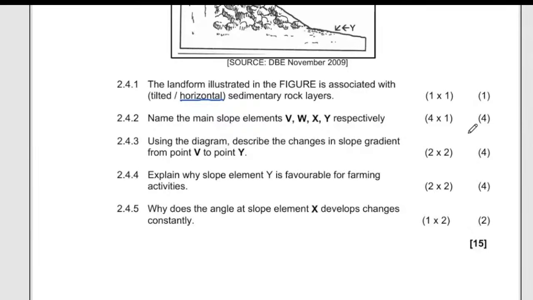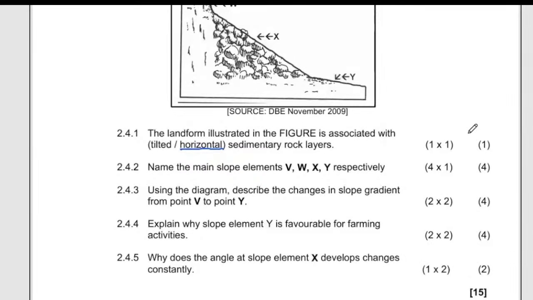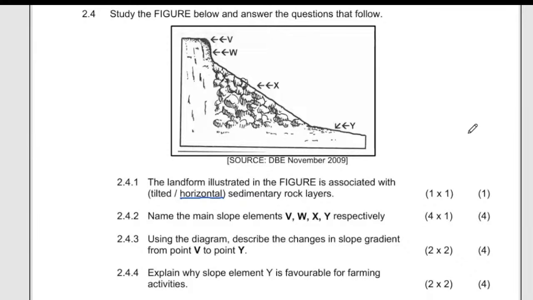Question 2.4.2 says, name the main slope elements, element V, element W, element X, and element Y of the slope. These are parts of the slope that we are supposed to label. Item V is the uppermost part of our slope.